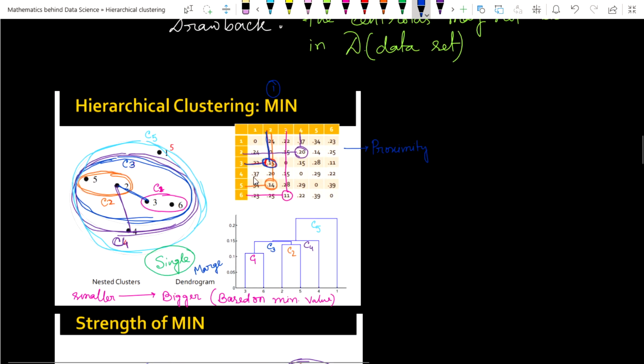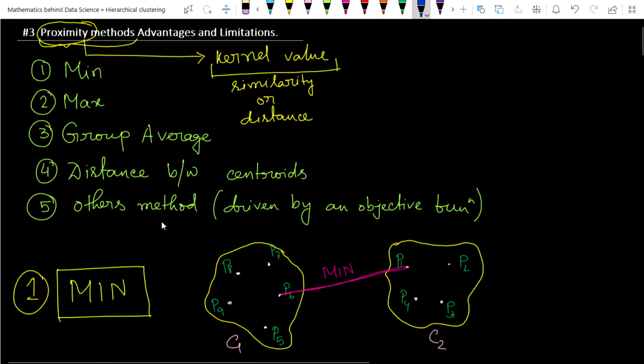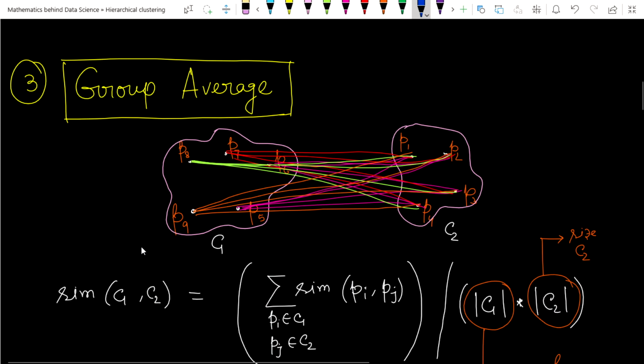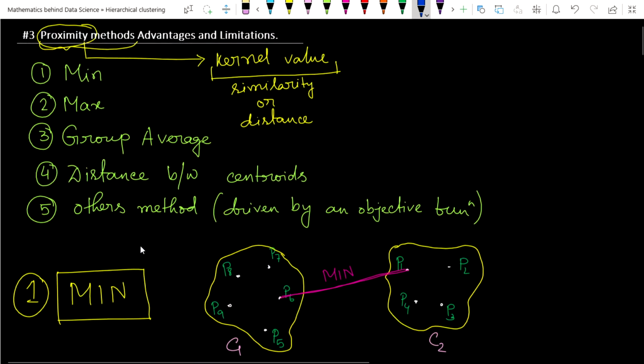Take this matrix data and try to build this yourself in your own copy, just using this formula. Similarly for the max one, similarly for the group average one, I request you to please do that yourself as homework. I think then this method will be more clear.